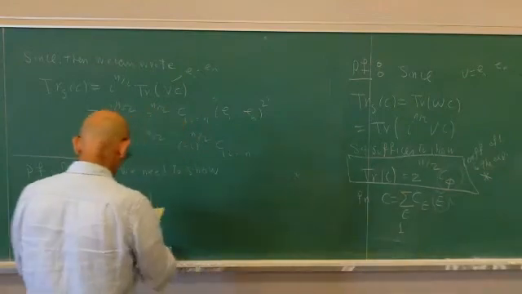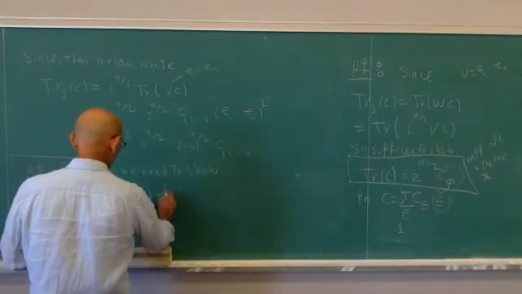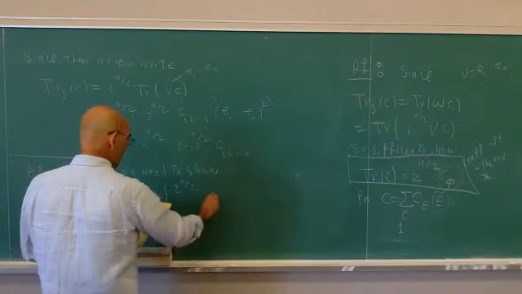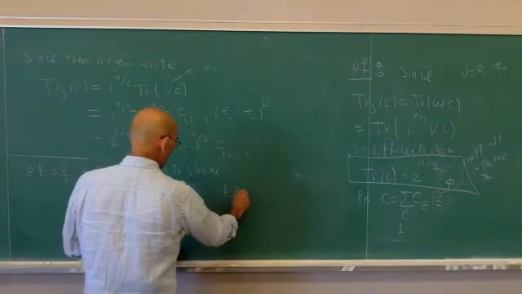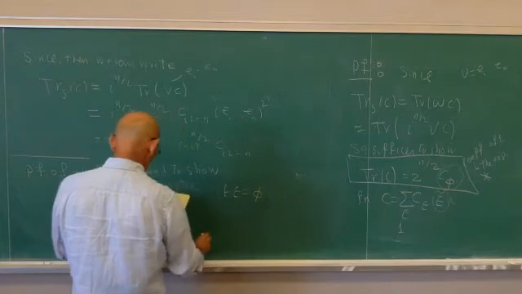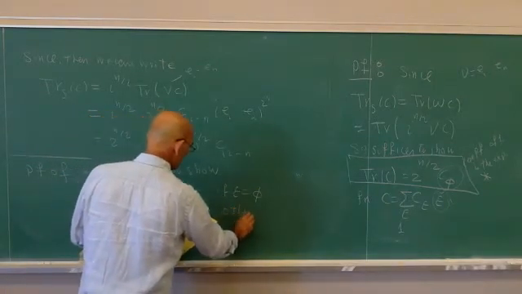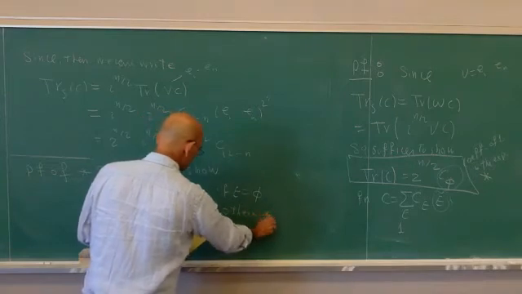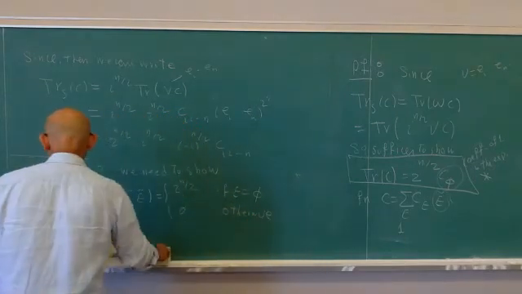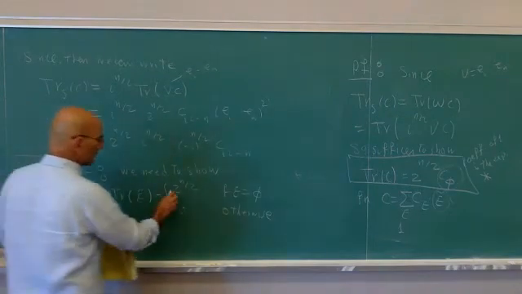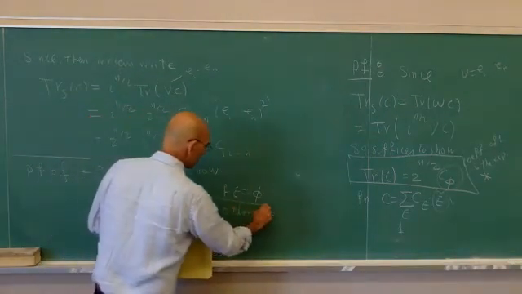So in other words, we have to prove that this is equal to 2 to the power n over 2 if E is equal to empty and 0 otherwise. Okay, now, this case is obvious, right?